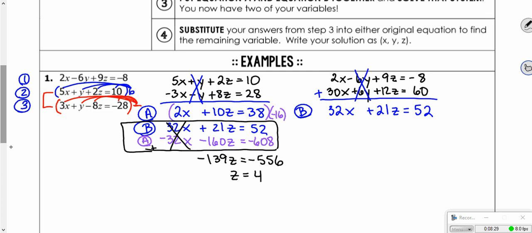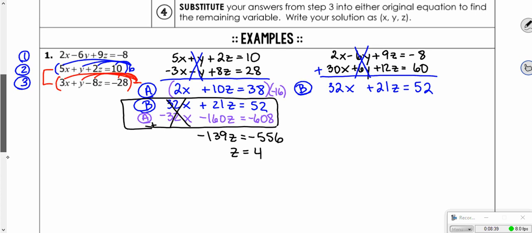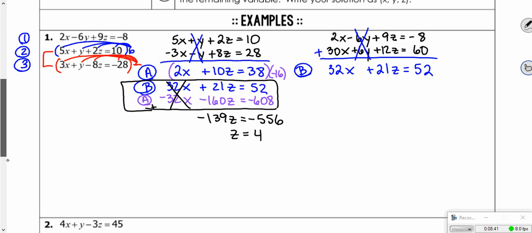And then we have to write our answer as an ordered triple instead of an ordered pair. So we are back solving now. So where do I need to put that z value in order to solve for y or, sorry, y or x?